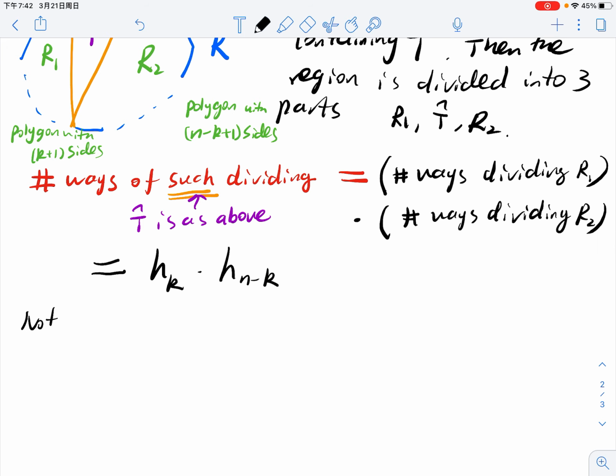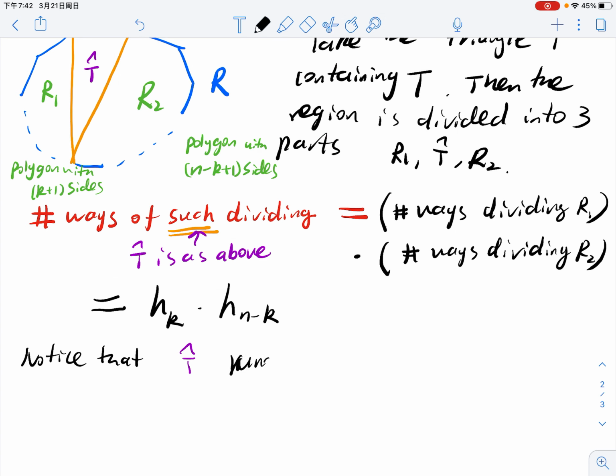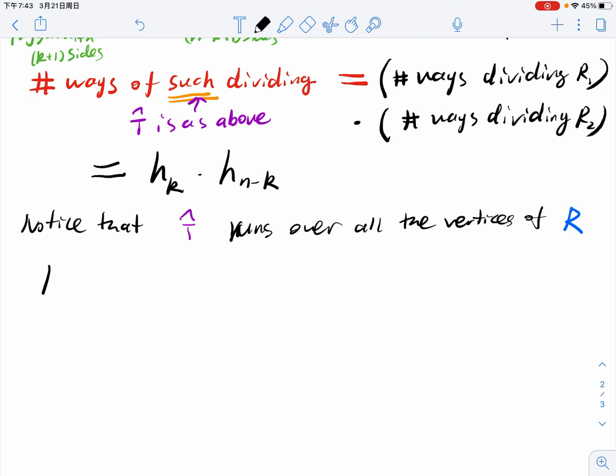Note that T hat runs over all the vertices of R, the whole thing R, and then we have Hn equals the summation for k from 1 to n minus 1 of hk times hn minus k.